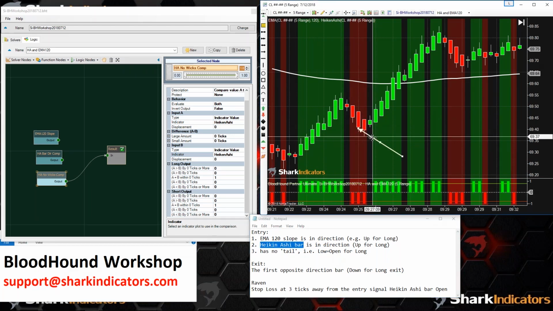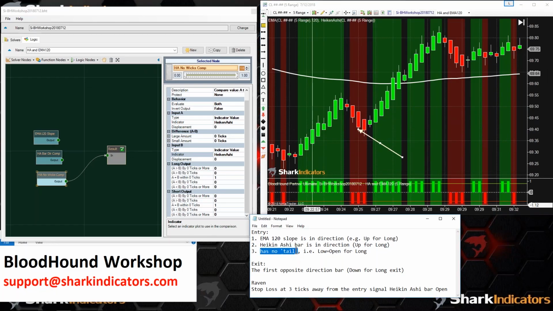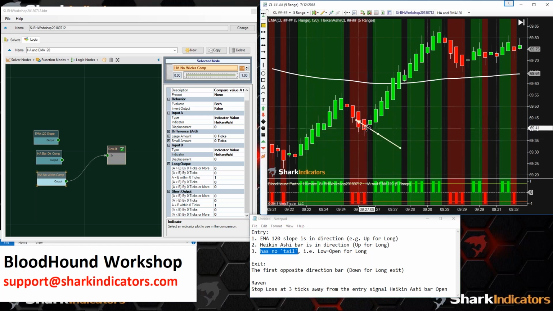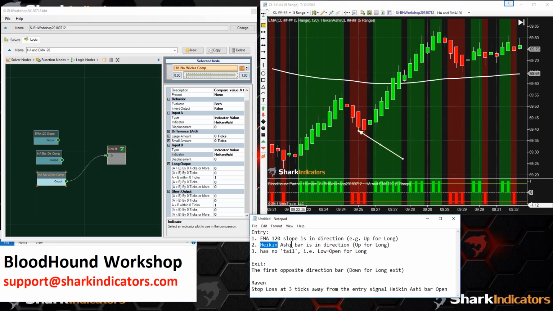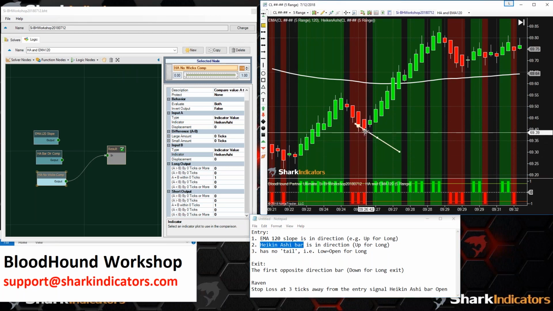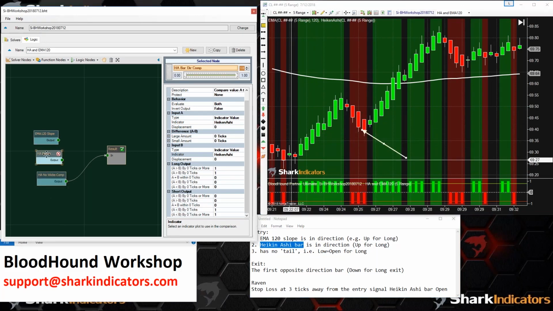So as far as rule number 3 goes, looking for no tail, if there was no tail on a down bar, that's okay, because rule number 2 would cancel that long output. If we did have a long output on a down bar, it would get canceled out by this other solver.